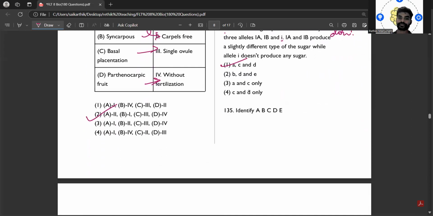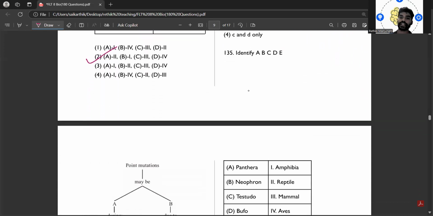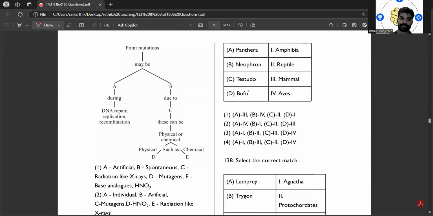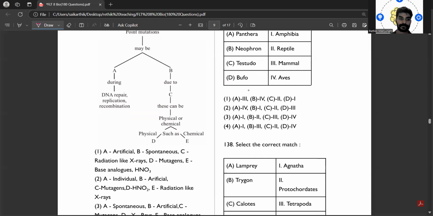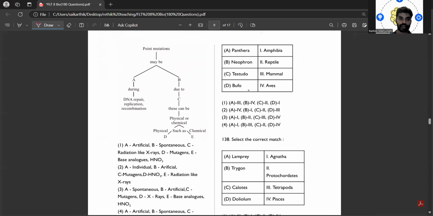Perfect. So next is 135. Identify A, B, C, D, and E. What is A here? A will be spontaneous.